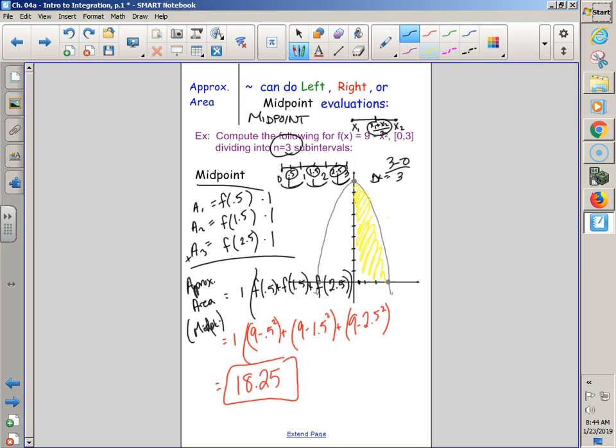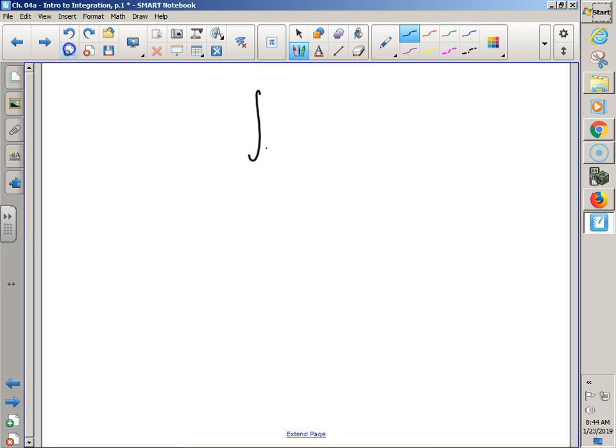So we have our 0.5. 1.5. What's the actual integral from 0 to 3 of 9 minus x squared?